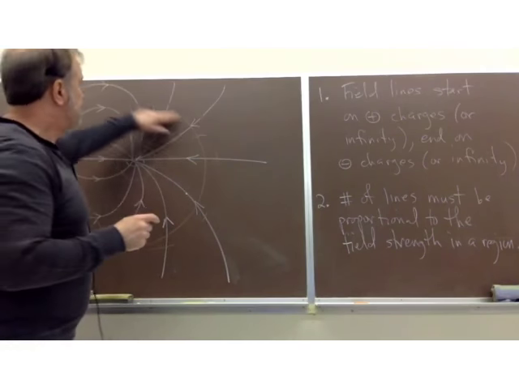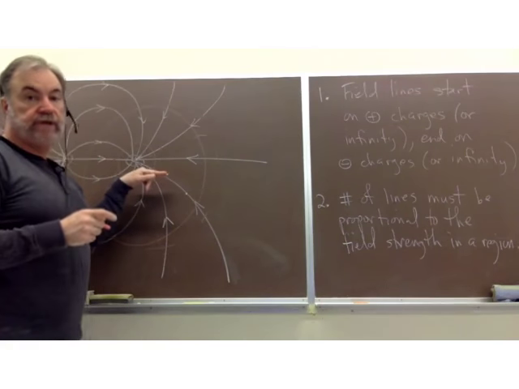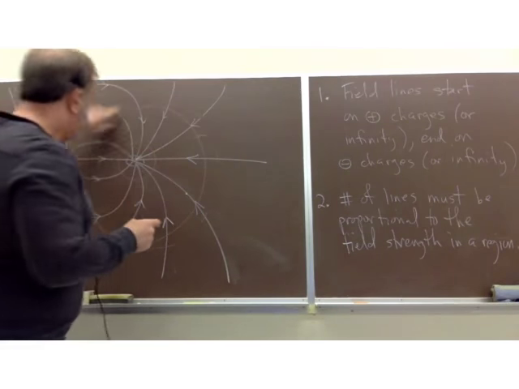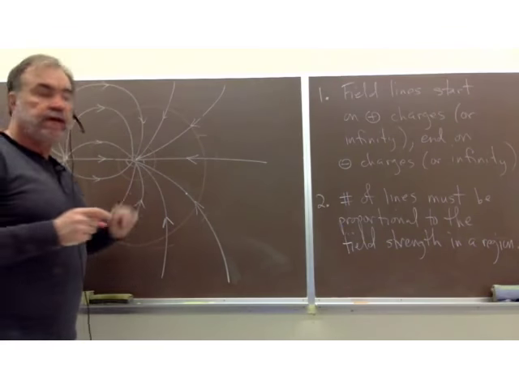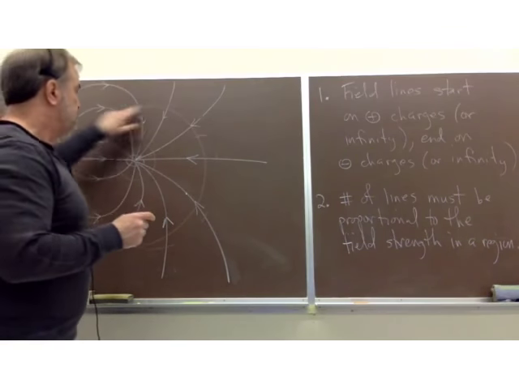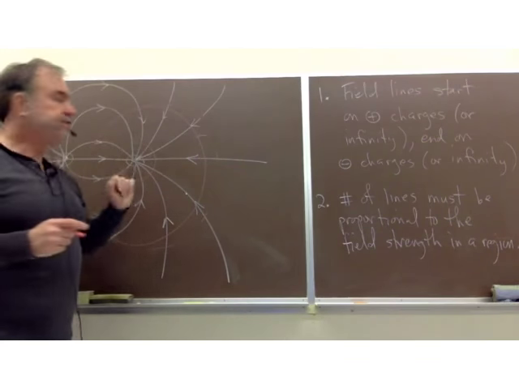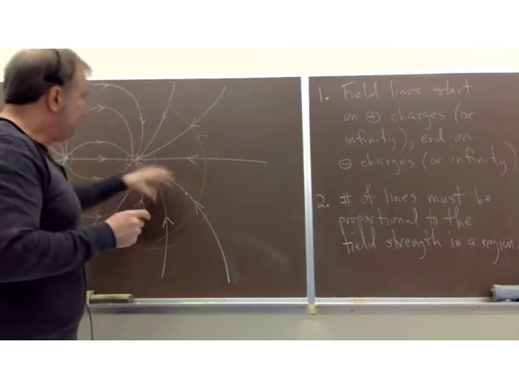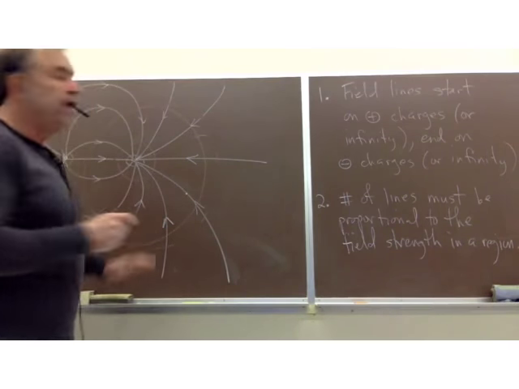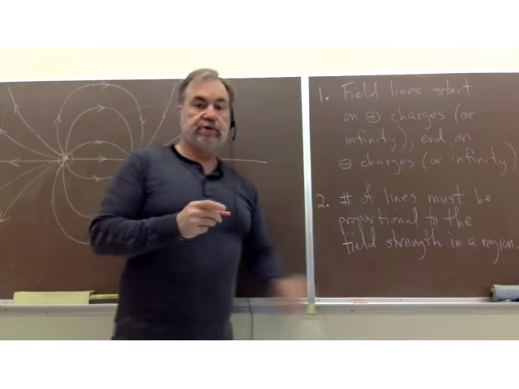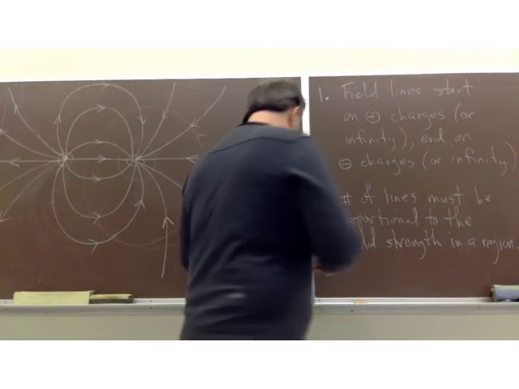But of course, this larger circle has a much larger perimeter. So although there's the same number of field lines, the number of field lines per total perimeter length is much smaller out here than it is here close to the circle. So the number of field lines in a given area is much larger here than it is out here, and that again is rule number 2 that indicates the field strength in those regions.